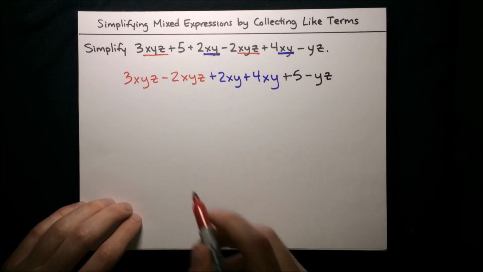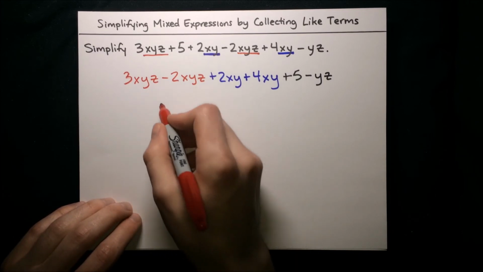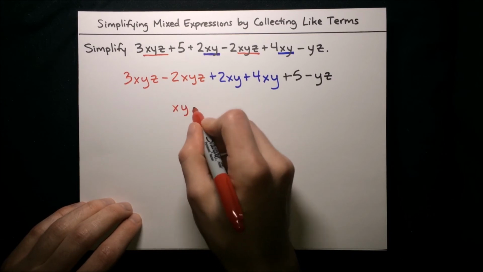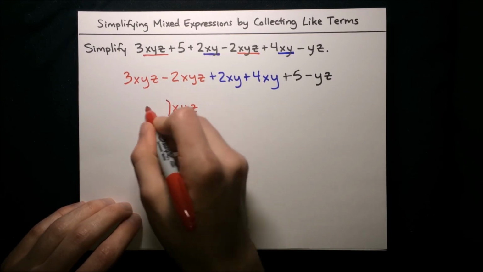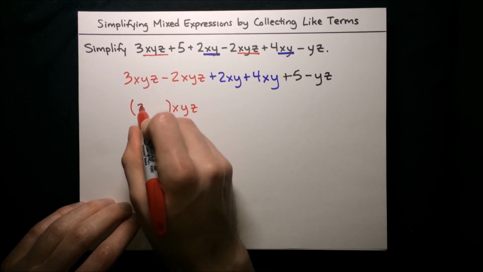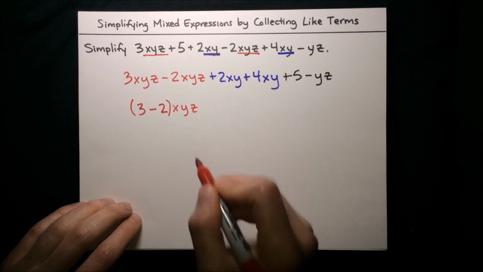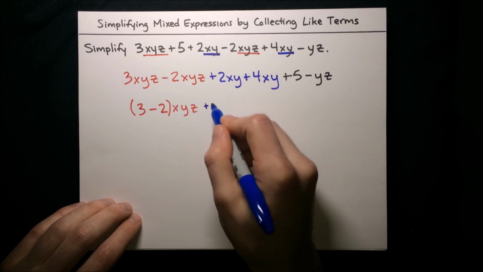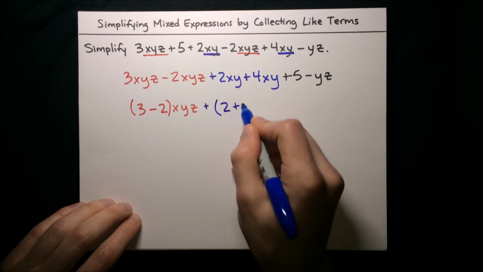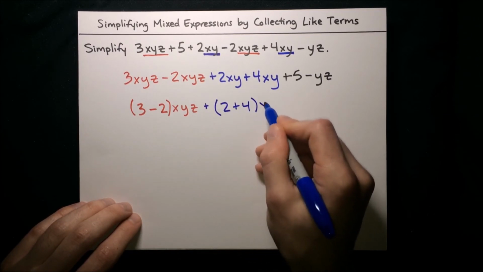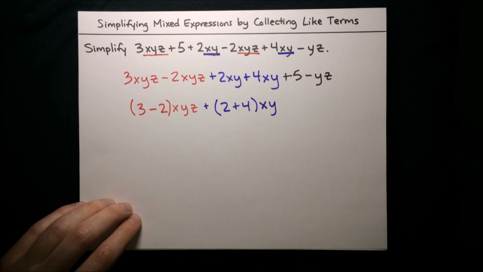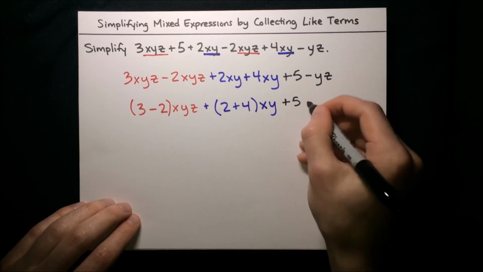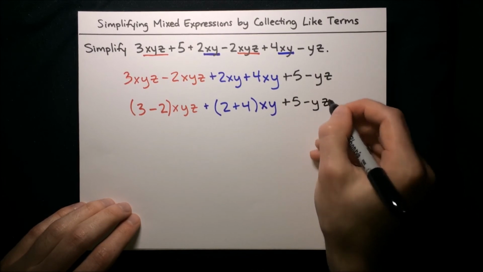Okay, so let's go ahead and combine these like terms then. So there's an xyz in both of these, so we'll move that variable expression outside, and we'll combine the coefficients. So this time we've got 3 minus 2, and then we'll do the same thing here. So we'll combine the coefficients, 2 plus 4, move that variable part outside, xy, and then we'll just have plus 5, and then minus yz at the end.